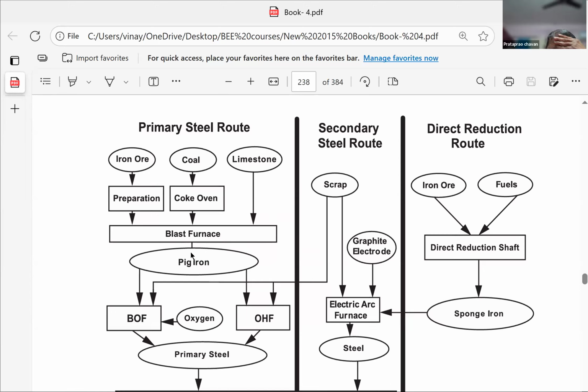The output of the blast furnace is pig iron, that is the most impure form of iron. This BOF, OHF that you can read through, it's very simple. So oxygen is further added and the iron is purified in these two types of furnaces where the input is pig iron. But pig iron which is generated from the original iron ore goes to this furnace along with scrap. Nowadays metallic furnaces mostly use scrap as a recycling process.